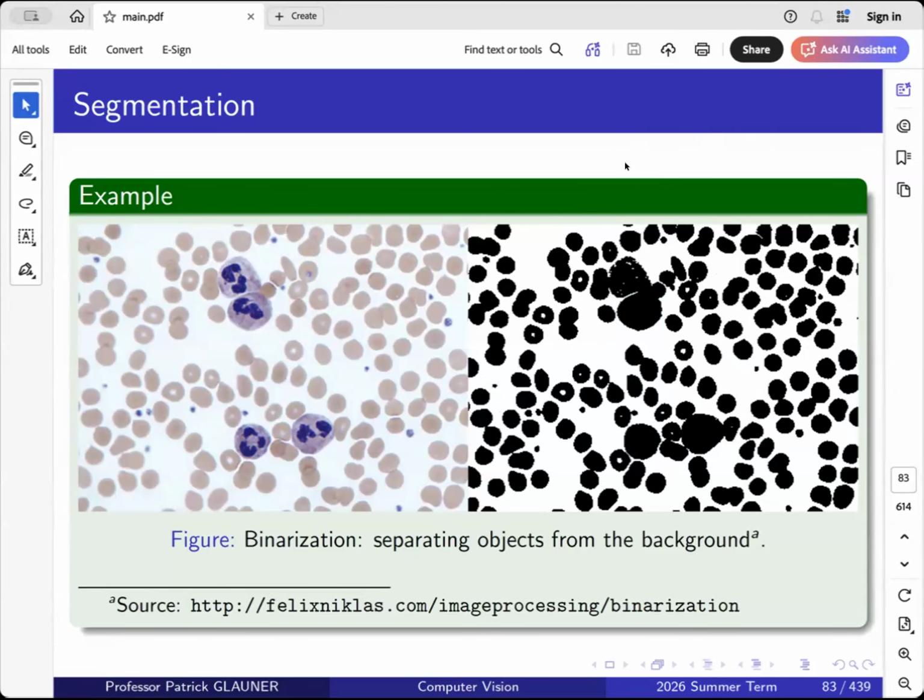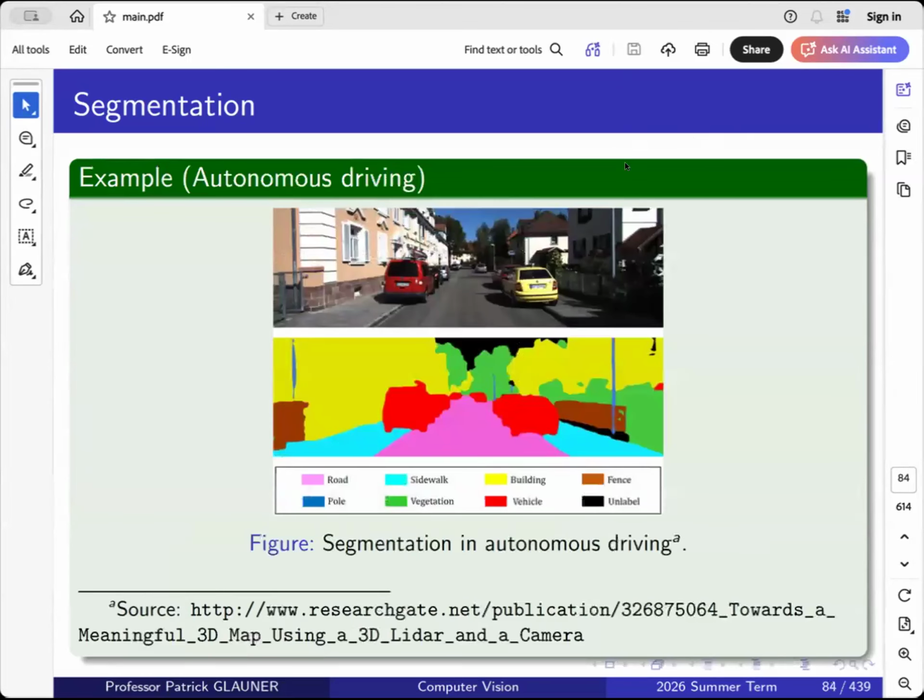So a simple binarization. Then obviously there are way more sophisticated segmentation examples. For example, we have an autonomous car that is driving through this road, and what it sees is this scene.